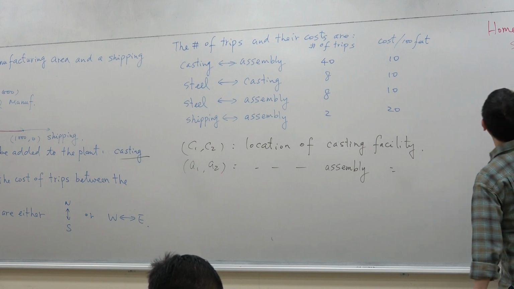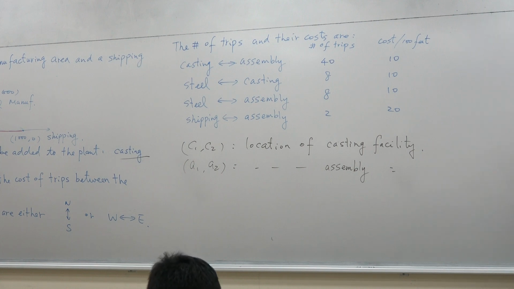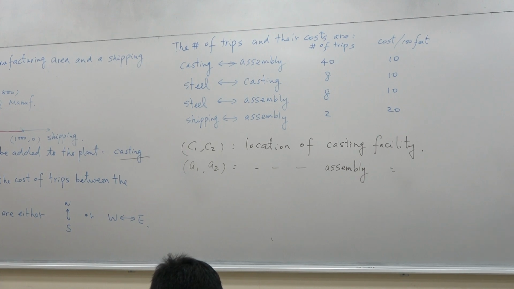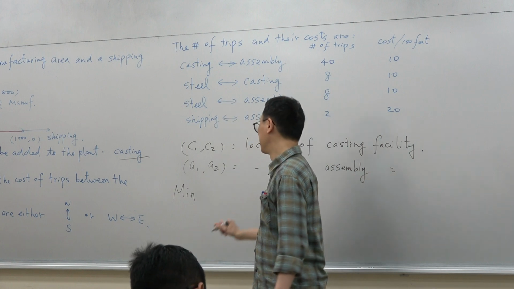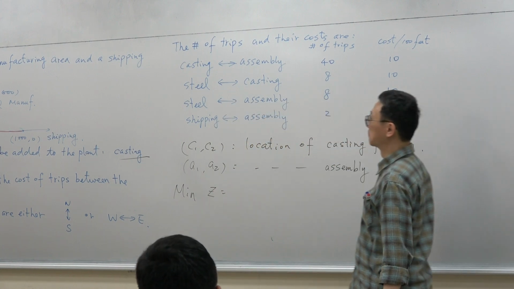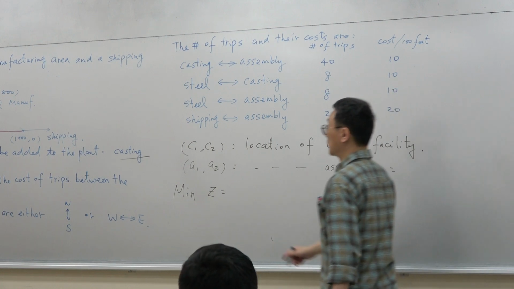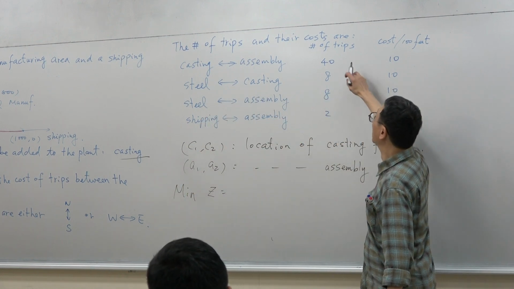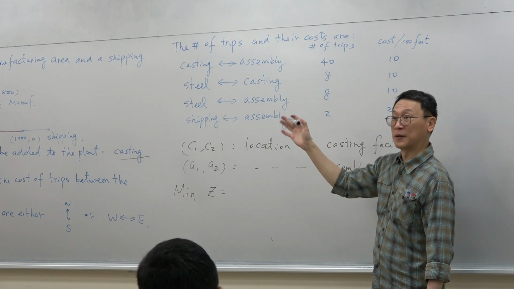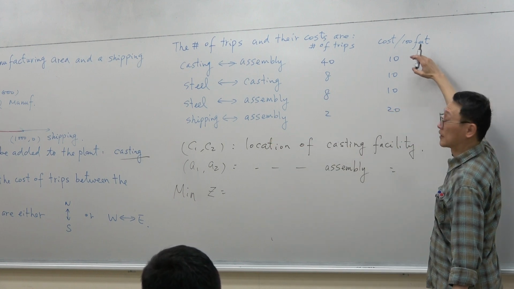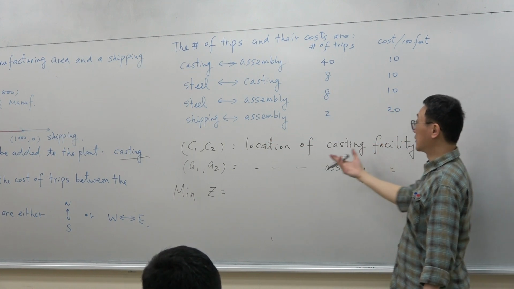So what is our objective function? Minimize the cost of goods movement. The number of trips means I have to move 40 times, and that's the distance, so I need the distance between them.